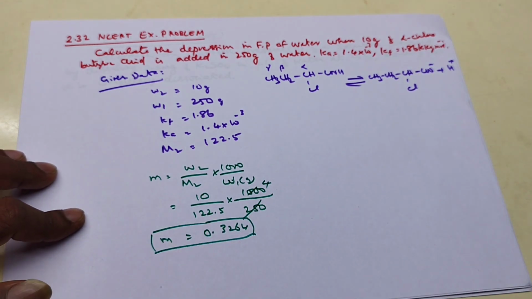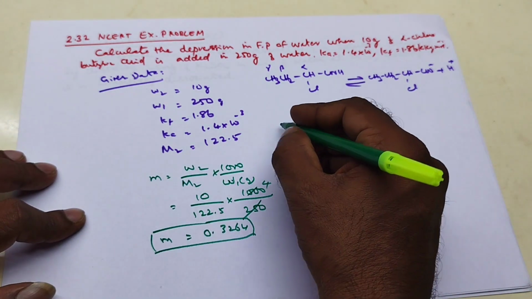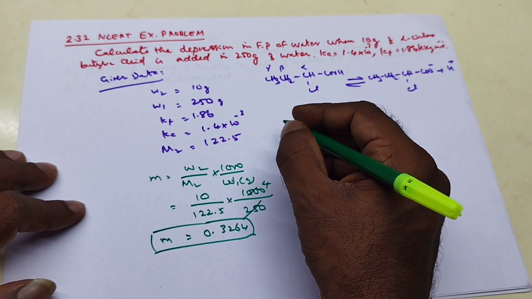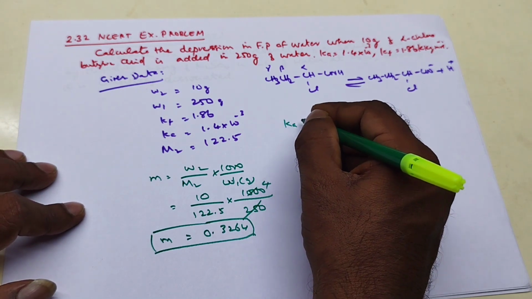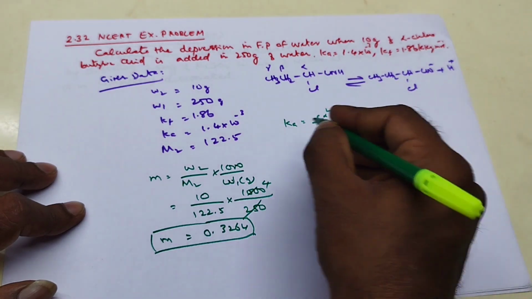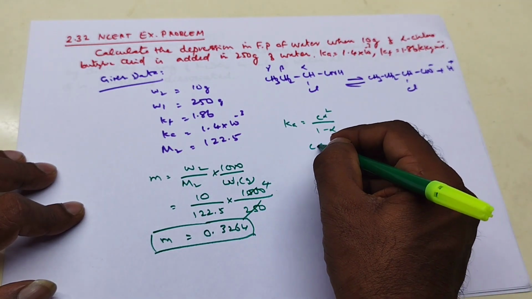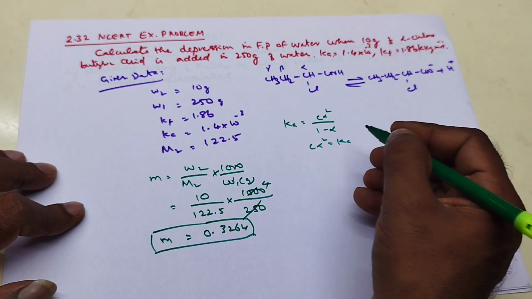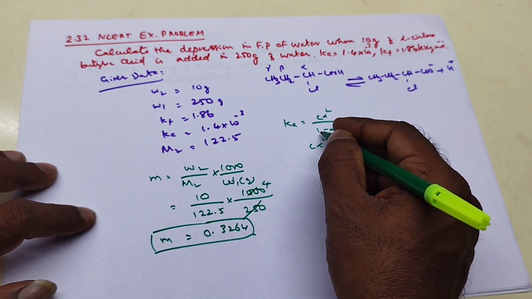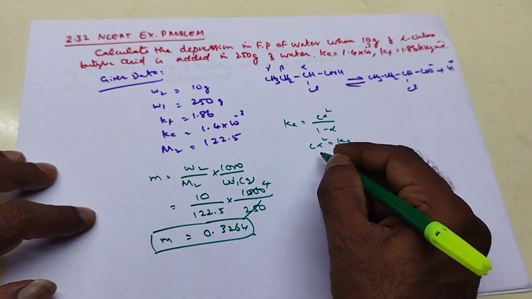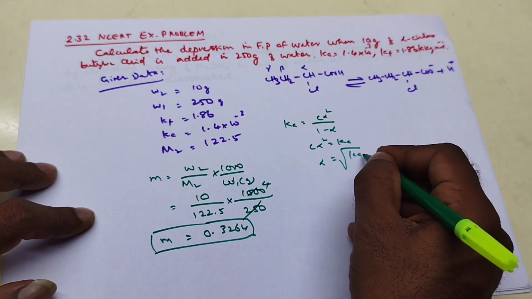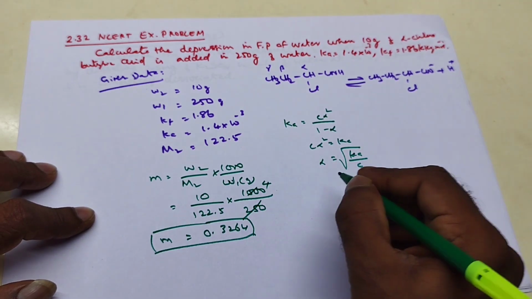Once we know the molality, we have to find out the Ka, that is the dissociation constant. So you have to modify this one. Ka is equal to C alpha square by 1 minus alpha, or you can say C alpha square is equal to Ka, when alpha is very small compared with 1, therefore it is neglected. So alpha is equal to square root of Ka by C. You substitute the values.